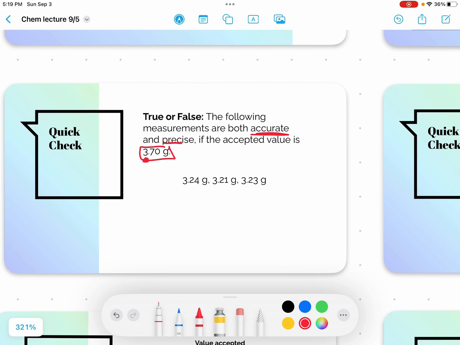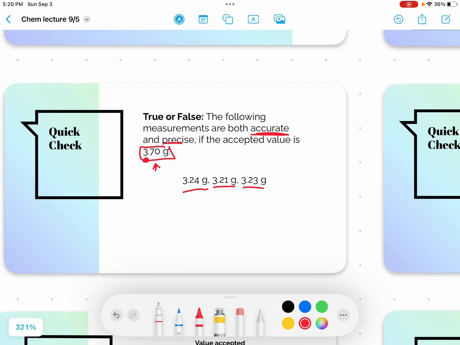So we have 3.24 grams, 3.21 grams, and 3.223 grams. Well, we look and compare them to our actual value. I don't think it can be accurate because it's not close to that 3.70 grams.